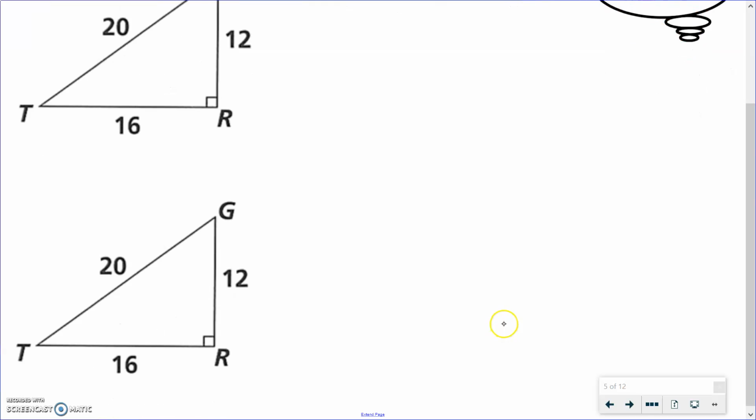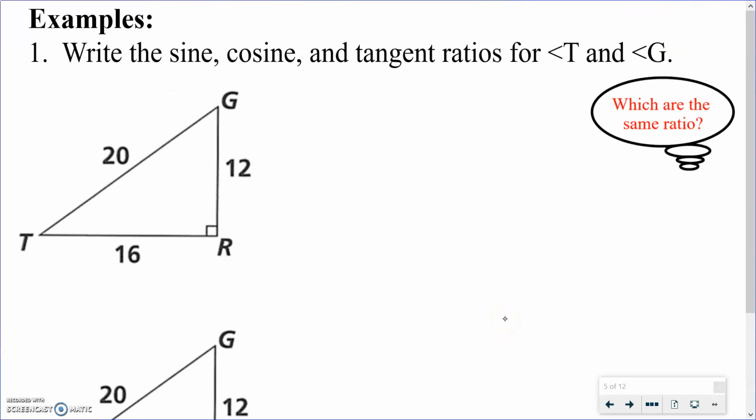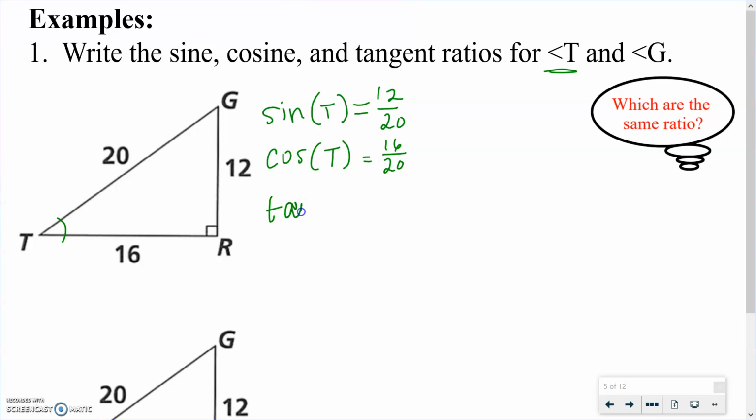So first we're just going to review how to write those sine, cosine, and tangent ratios. In this case, if we're looking at angle T to start with, the sine of T is 12 over 20. The cosine of T is the adjacent, which is 16 over the hypotenuse, which is 20. And the tangent of T is going to be the opposite, so 12 over the adjacent, which is 16.